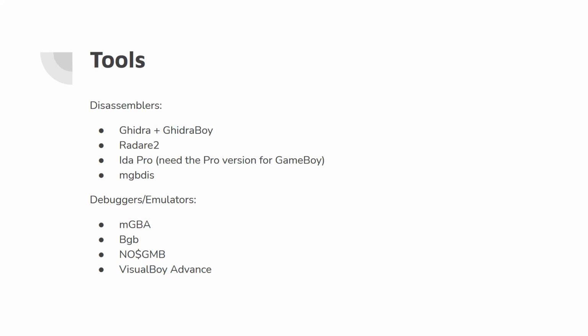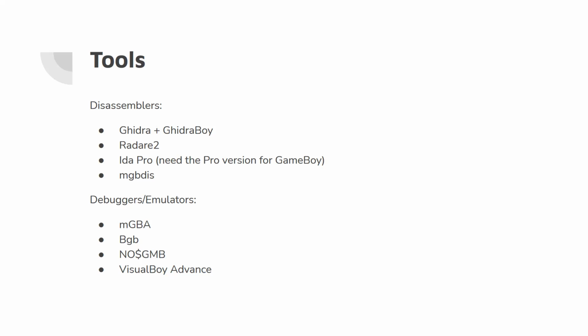GameBoy is a Game Boy processor module that was written by, I'm blanking on the username of the person who wrote it, but it's written by one person, and it does a pretty good job of understanding the Game Boy instructions, the assembly instructions, and then providing a C decompilation. So I will be showing you what Ghidra and GameBoy look like once we get going with the exercise.